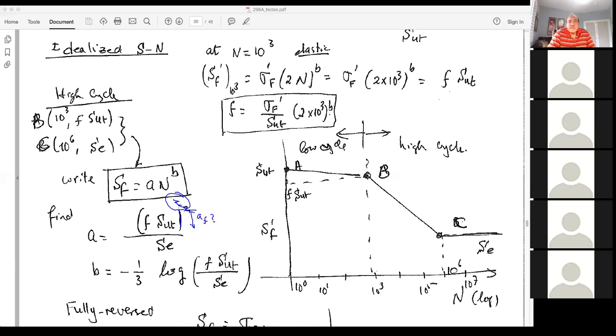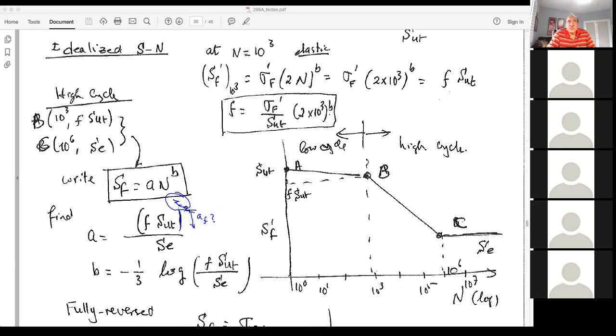For this fraction F, there's a method in the book to determine it from the strain-life method, which we do not emphasize here, or from empirical charts.